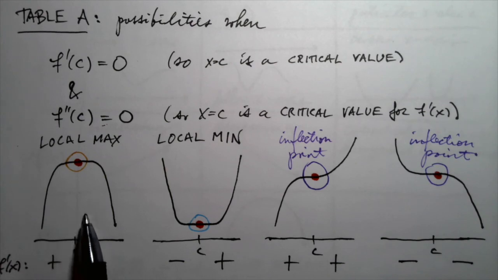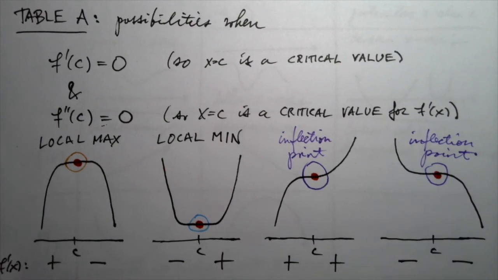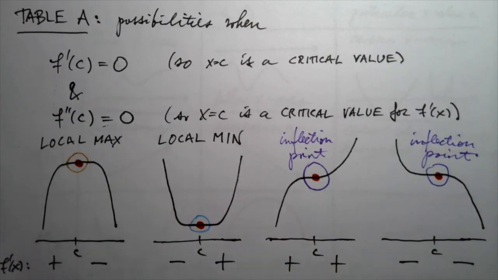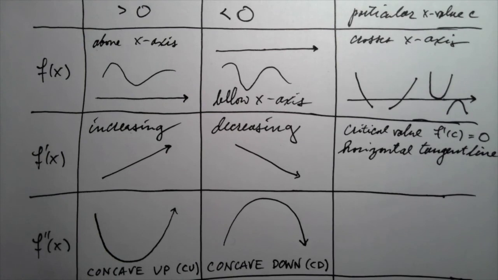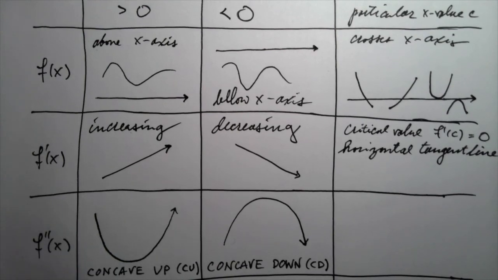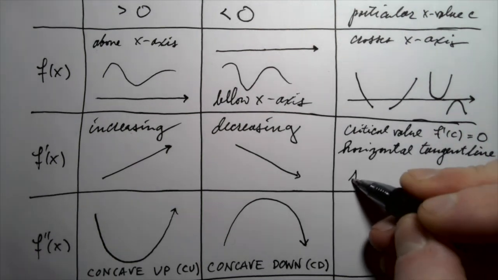We could be local max, local min, or just inflection points. Depends on the behavior of the first derivative. But the point is that those two conditions, that's exactly the situation where the first derivative is 0 and the second derivative is 0. So that tells us what to do here.